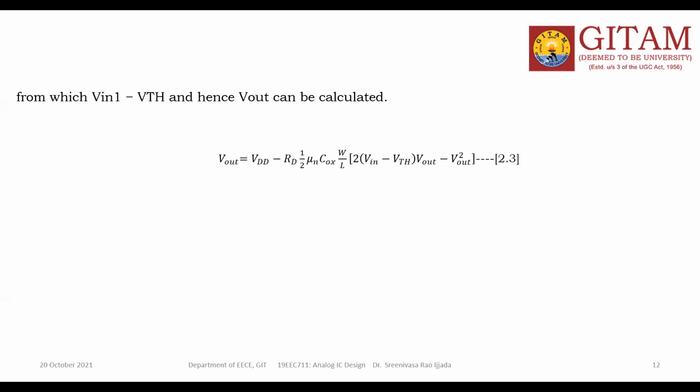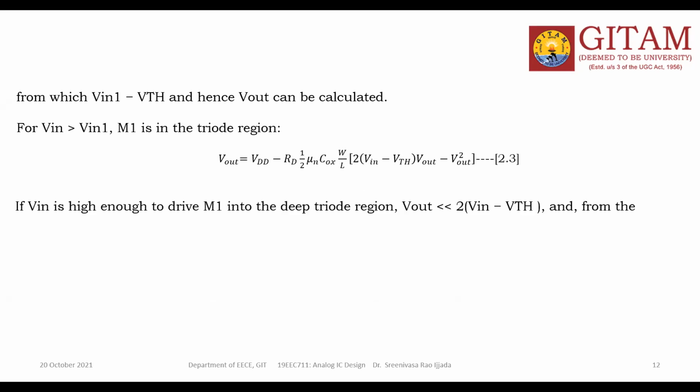Whenever Vin minus VTH and hence Vout, you can substitute in the deep triode region in place of this, substituting Vin minus VTH for Vout. This is the deep triode region, and the condition is the same condition used here.